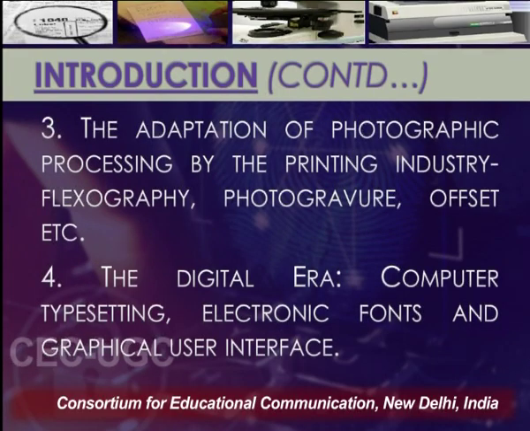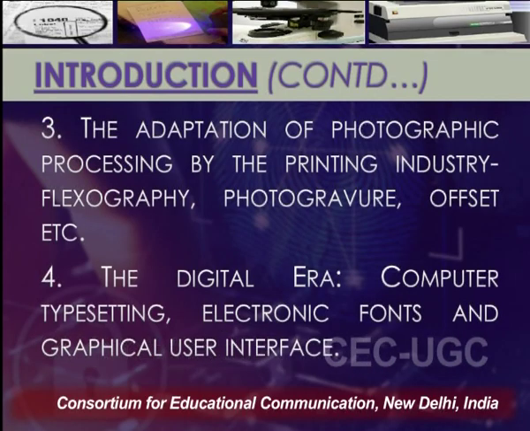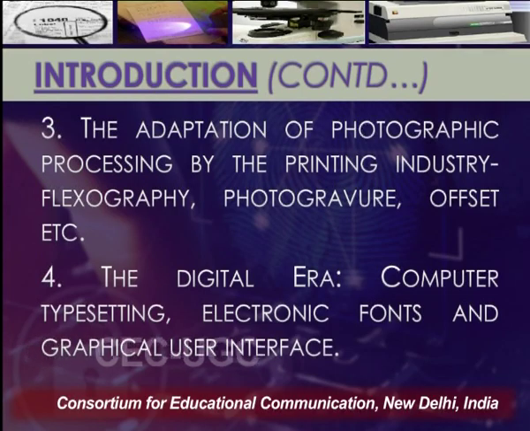Thirdly, the adaptation of photographic processes by the printing industry: flexography, photogravure, offset, etc. And the fourth and last, the digital era, which covers computer typesetting, electronic fonts and the graphical user interface.